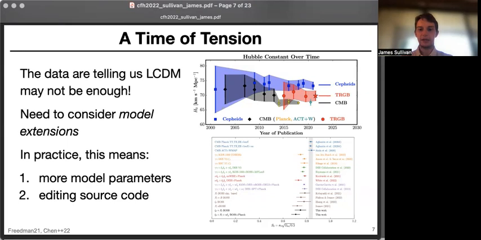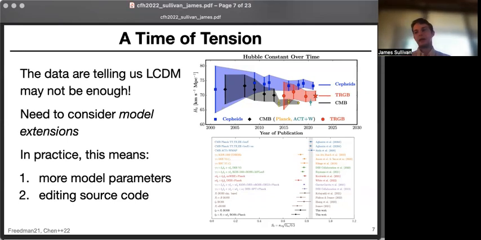We are currently in a time of cosmological tension, where for certain cosmological parameters, such as the Hubble constant and S8, a parameter describing the matter density and the amplitude of the linear matter power spectrum, different groups and different probes and different analyses are finding discrepant values of these fundamental cosmological parameters.